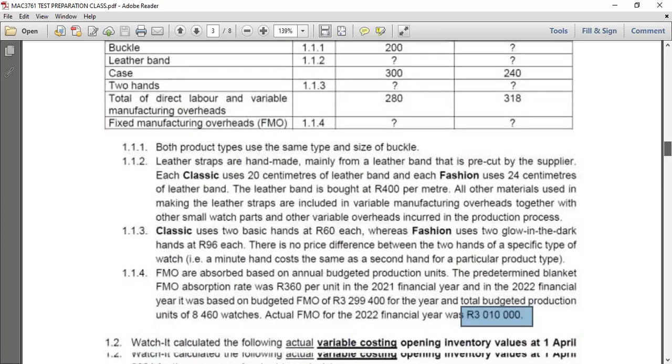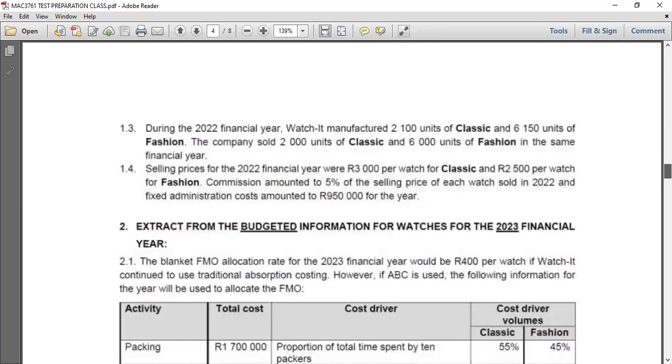We have here, I think I read something about commission. There's a 5% selling commission and there's fixed administration of 950. So we'll have sales commission.